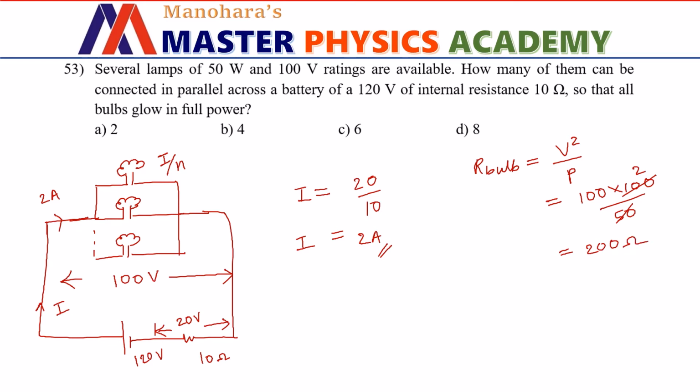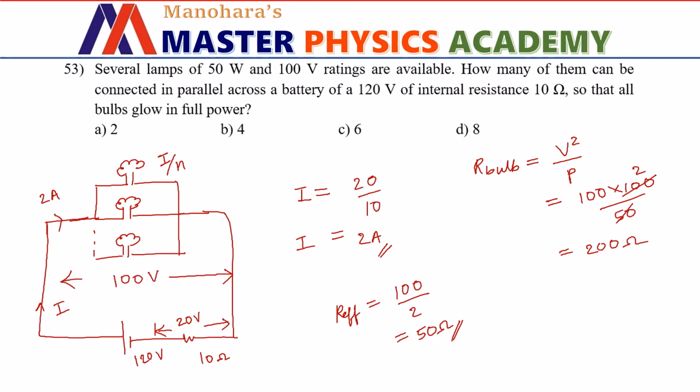Okay, right. So what I got here is the effective resistance of the combination. See what it should be, 100 divided by 2 ampere, correct? 100 divided by 2 ampere. So that means 50 ohm. I should get 50 ohm by connecting 200 ohm resistance bulbs, n number of bulbs, in parallel.